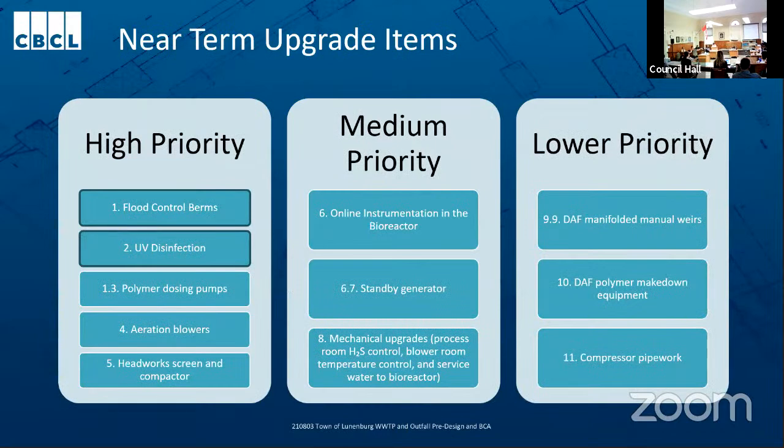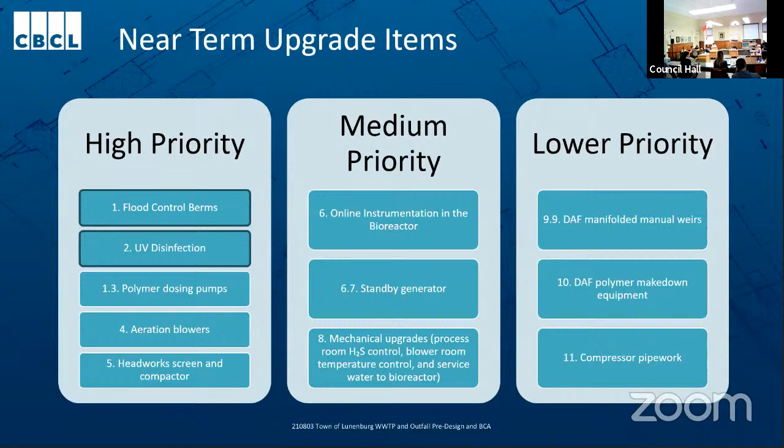Now I'll move on to the near-term upgrade items. These are things that are currently giving problems at the plant or the items in the plant that are at the end of their design life and in need of replacement. They require upgrades or replacement even with the current capacity of the plant, so before any additional population loading is included. And these are presented in priority order. They're all numbered.